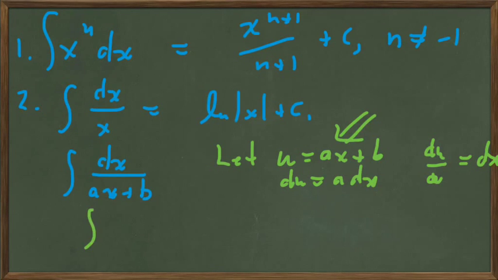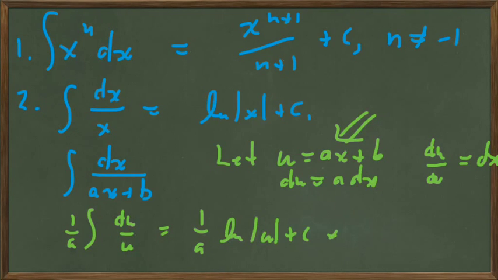So we get what? du over u with a 1 over a out front, and we get 1 over a ln absolute value of u plus c, or back in the original variable, 1 over a ln absolute value of ax plus b plus c.